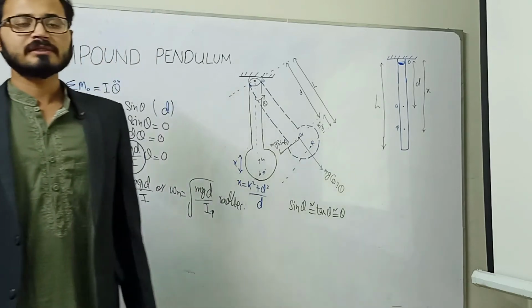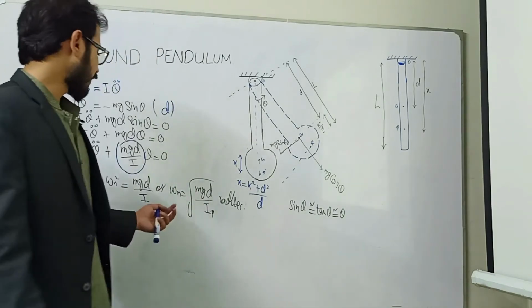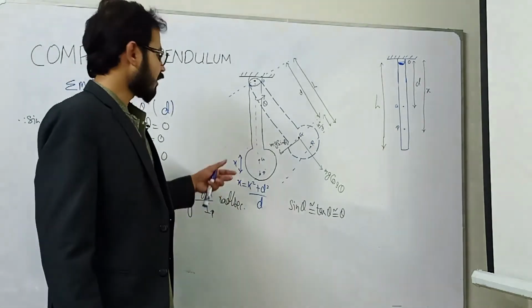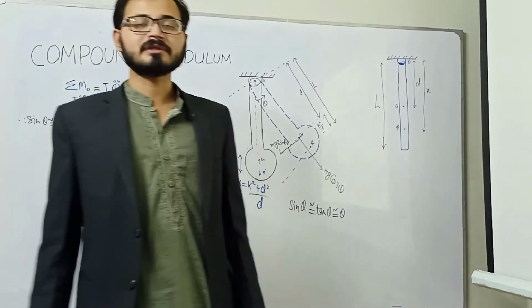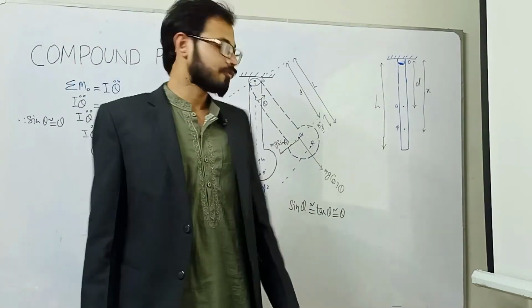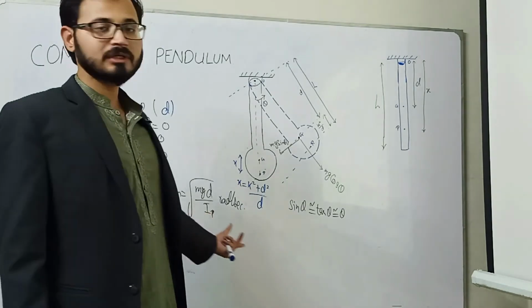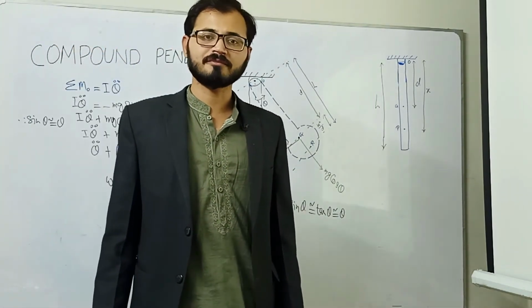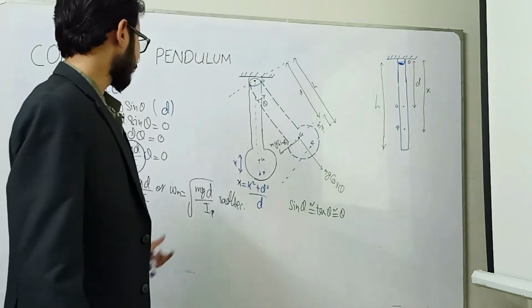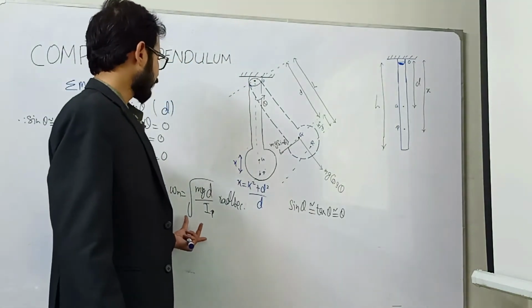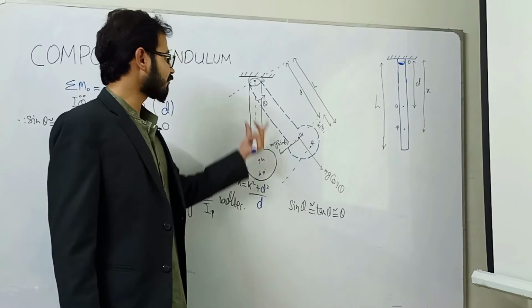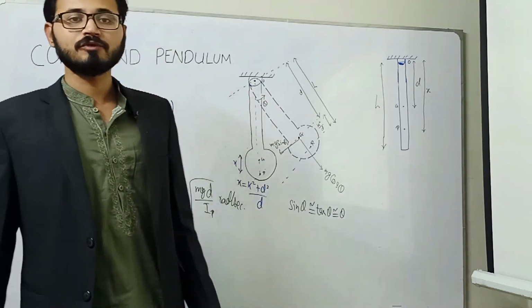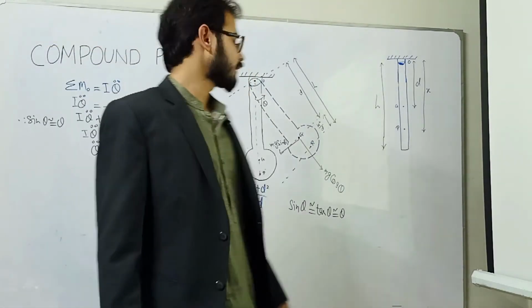In most cases, the mass moment of inertia of a regular shaped body, for example in the previous case of a bob, is taken across the center of mass. It is always across the center of mass, but in this case, because we know that the center of mass is away from the suspension point, we have to translate the axis.